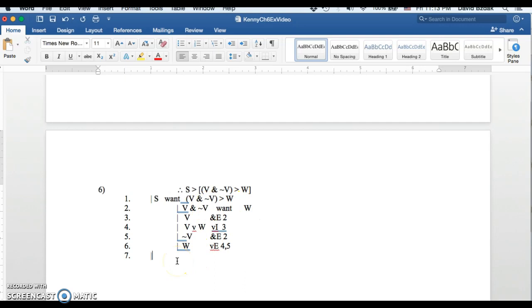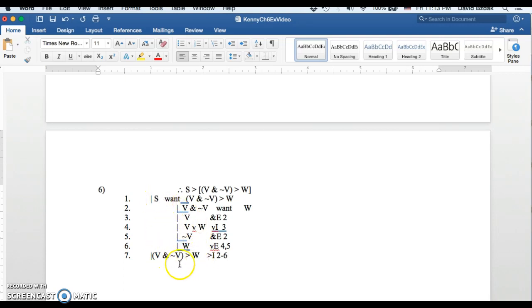So we come back to the previous scope line, and we write V and not V conditional W. It's by conditional introduction of 2 through 6, right? 2 is where we assumed the antecedent, 6 is where we got the consequent, okay?